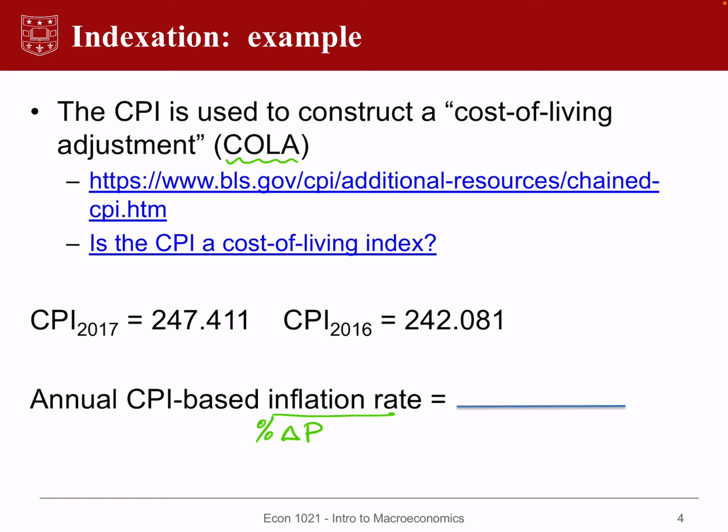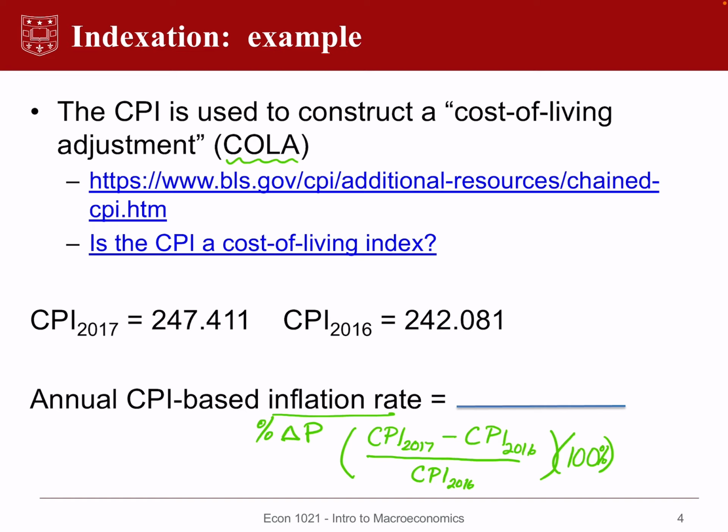So when we're constructing a growth rate, we would take, for instance, the CPI in 2017, subtract from that the CPI in 2016, divide that by the CPI in 2016, and then again we multiply by 100 to get it expressed in a percentage.